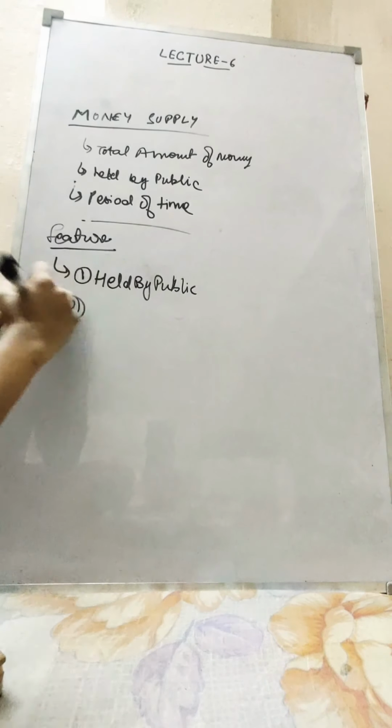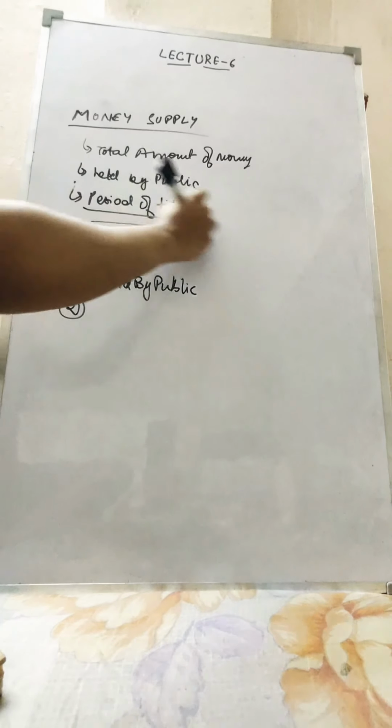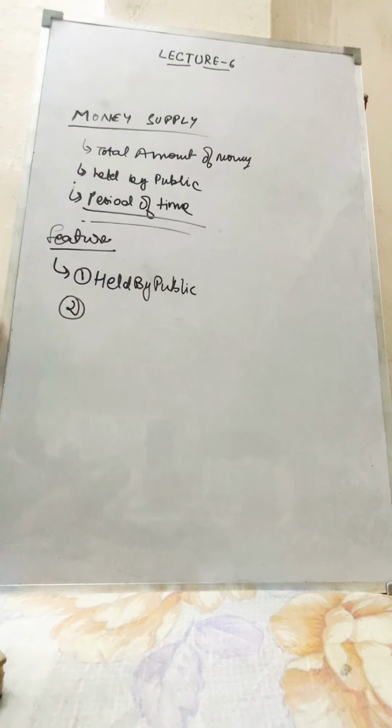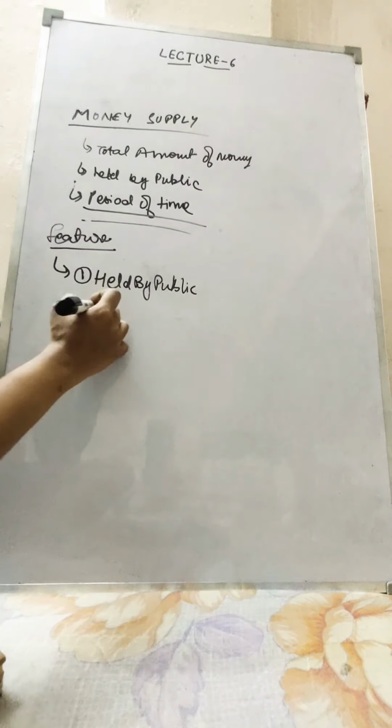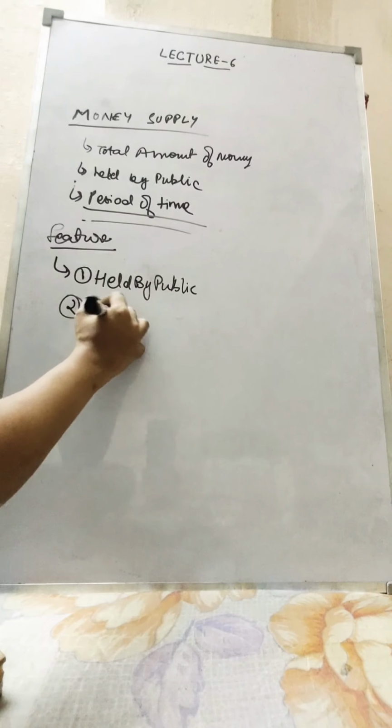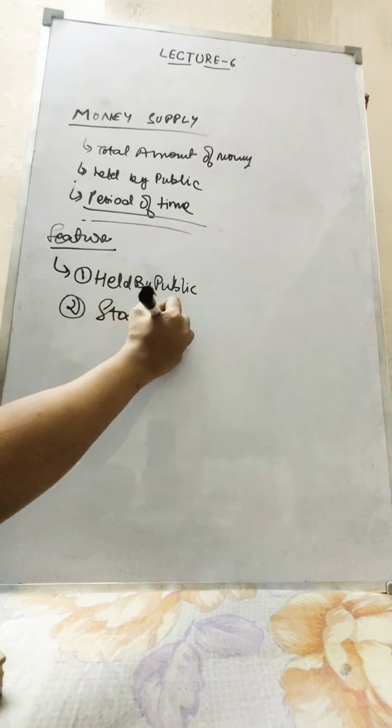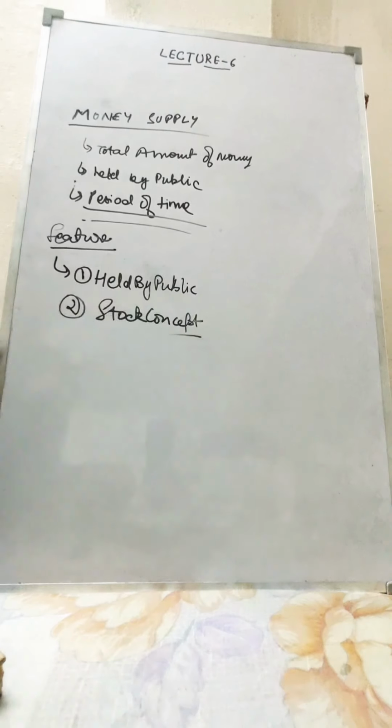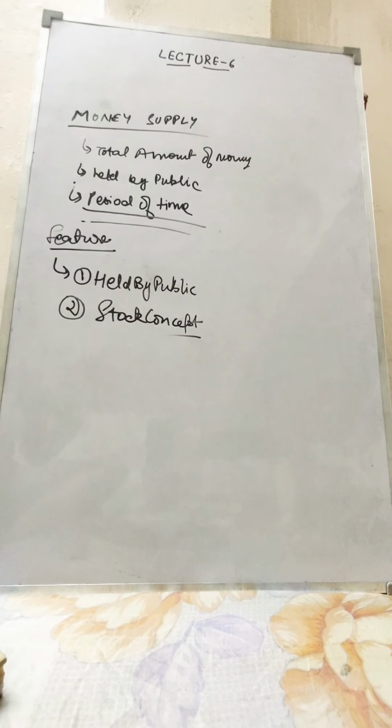And the very second feature, as I discussed, is that we are talking in terms of a period of time, so it is a stock concept. Whenever you are talking in terms of a particular period of time, we are calculating it at that time, so it becomes a stock concept. Why?